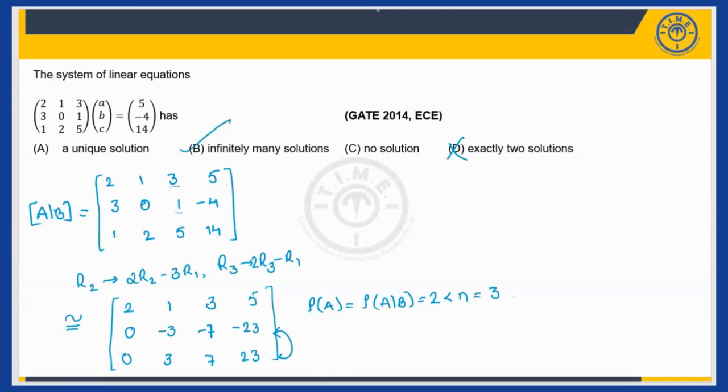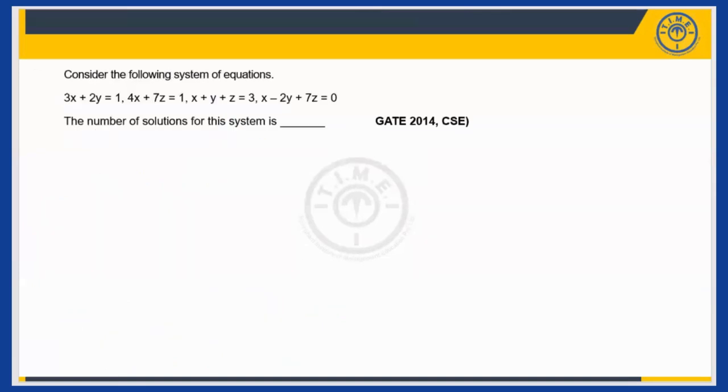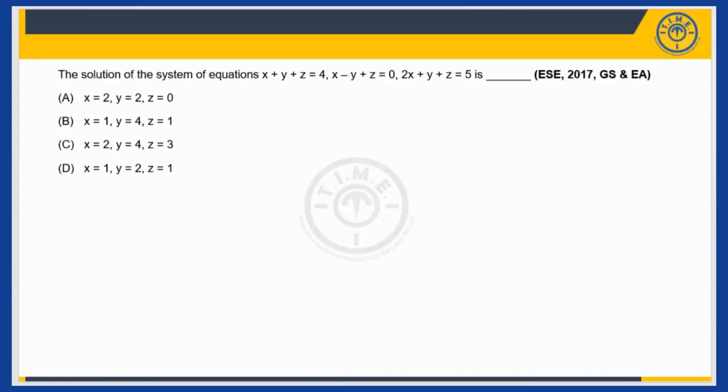So it is having infinitely many solutions. Right. So again, the number of solutions for this system. Okay. You guys just try this. And this is a question asked in the engineering services exam.